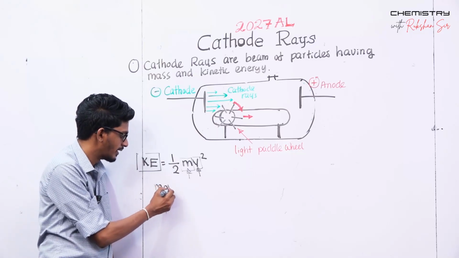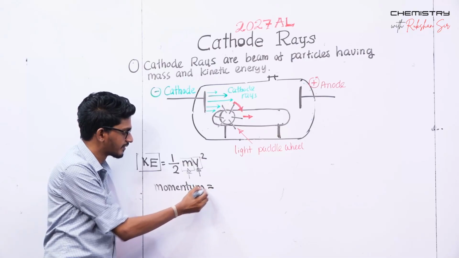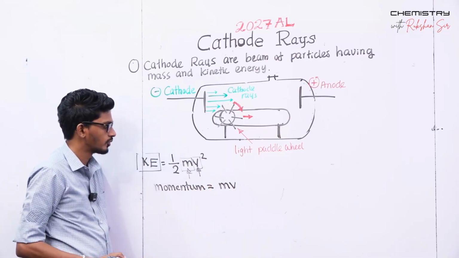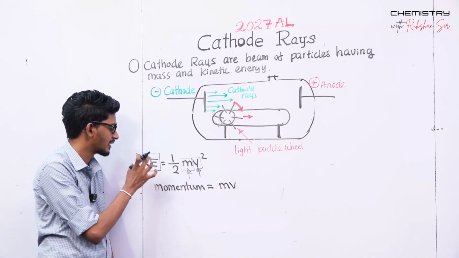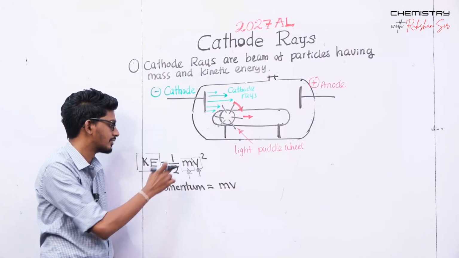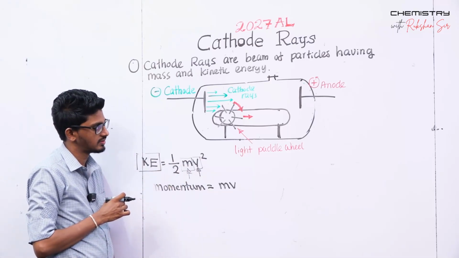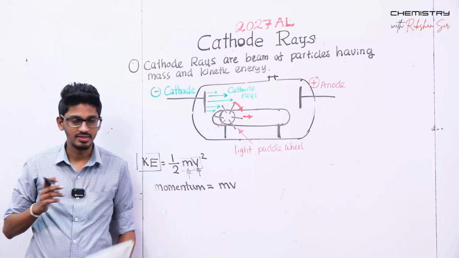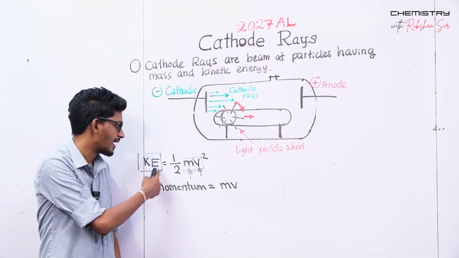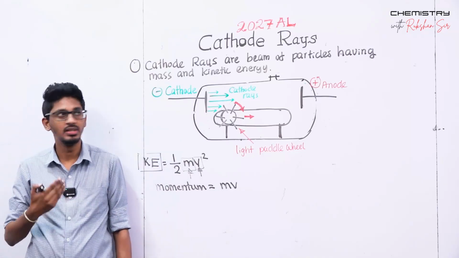Why? Momentum is given by mv. So, as cathode rays have kinetic energies, the cathode rays have mass and velocity. That means they have momentum as well. So that is how we say the cathode rays have kinetic energies and mass as well as momentum, and those are kind of particles, a beam of particles.